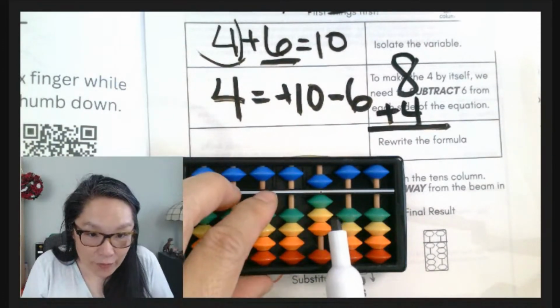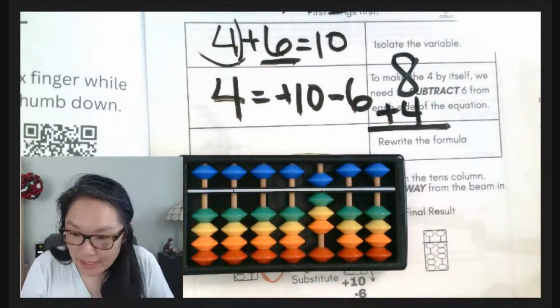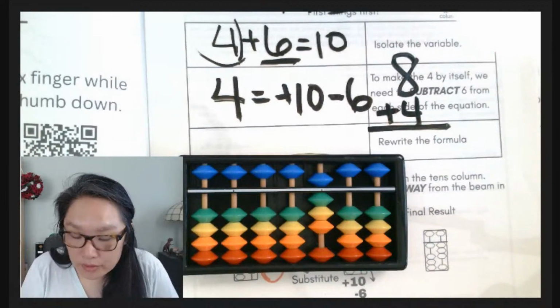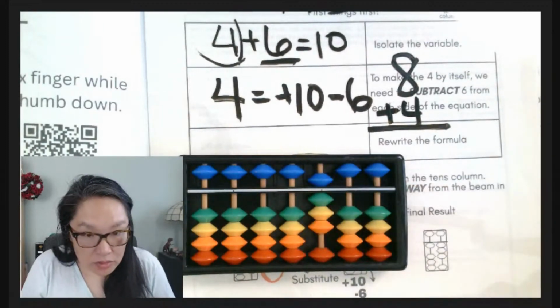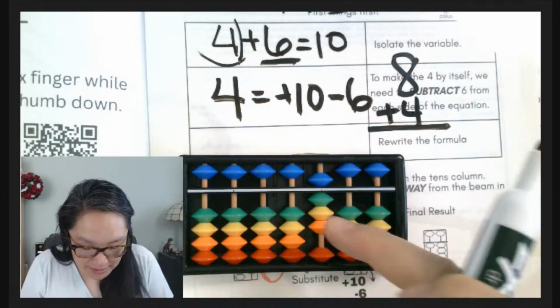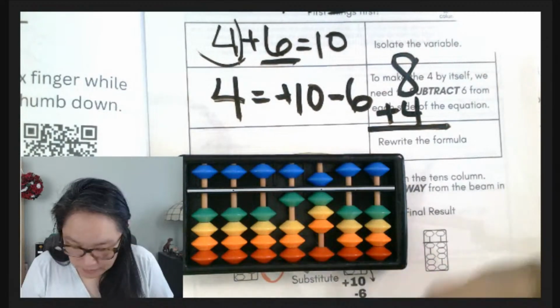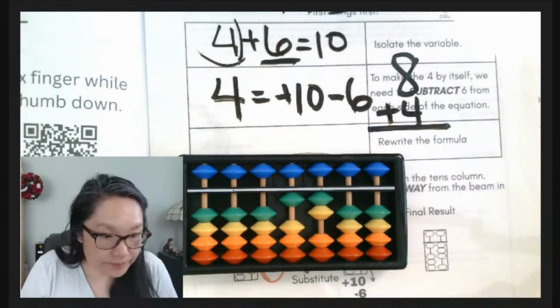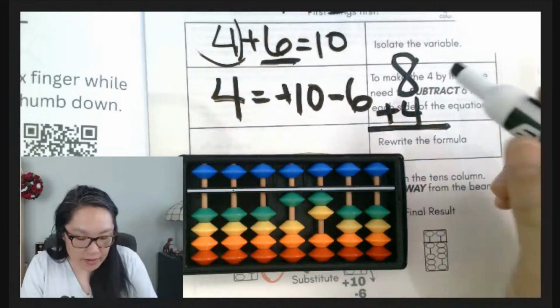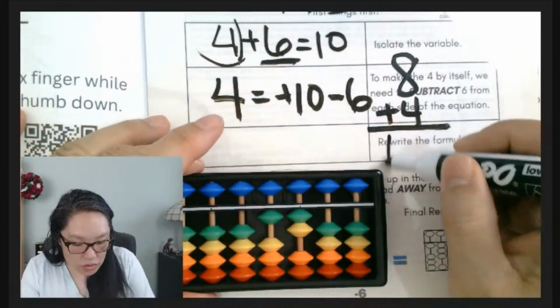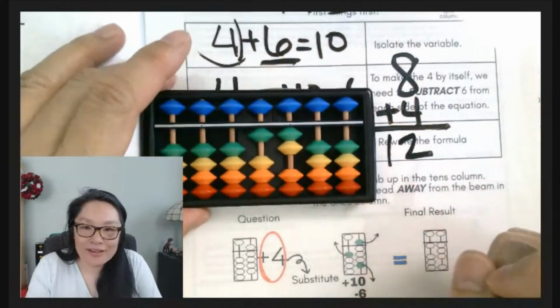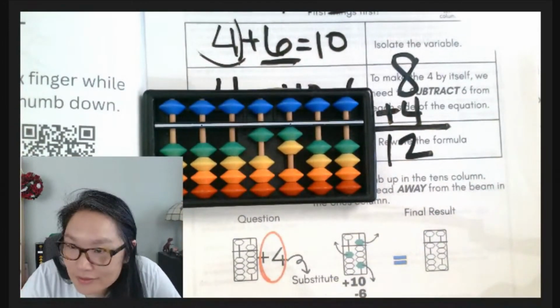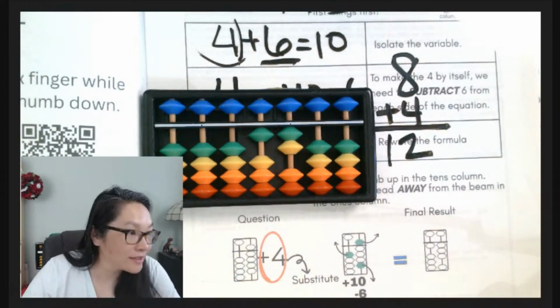So if I need to add 4, I'm already using the 5. I can't do it. What do I do? I need to plus the 10, and I have to take away the 6. That's it. And my final answer is 12. Great. My final answer is 12.